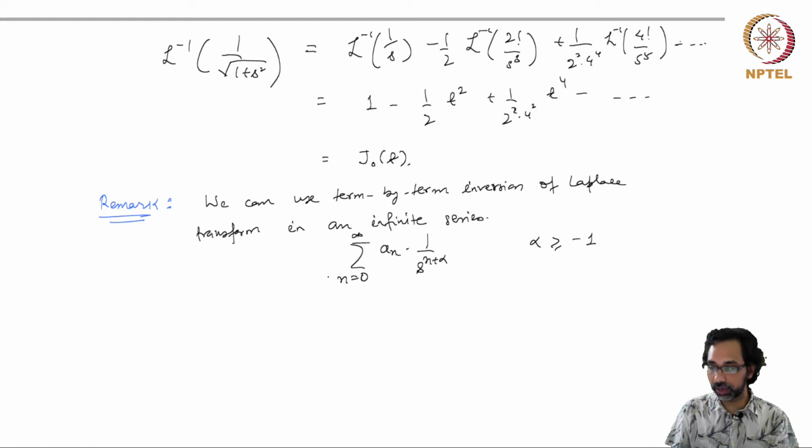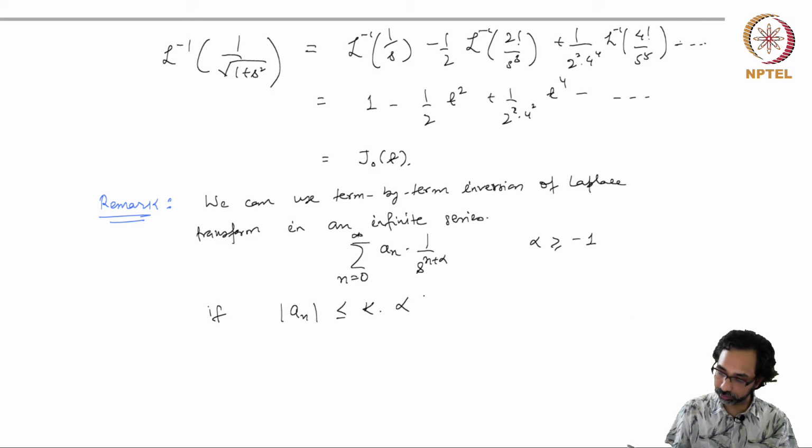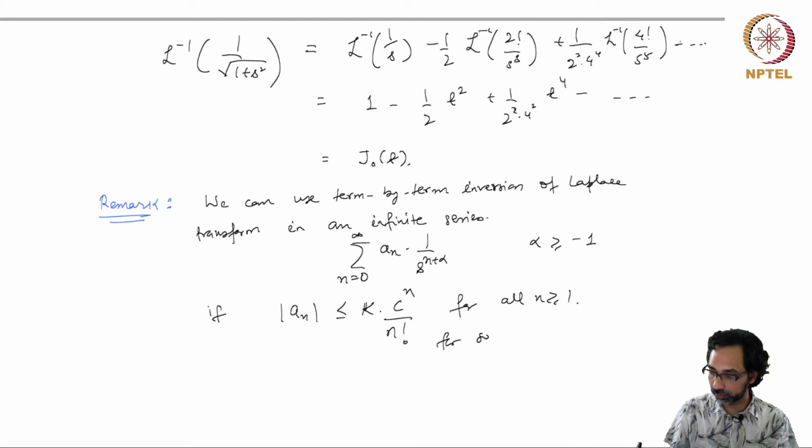So we can use term by term inversion of this kind of infinite series if the modulus of a_n is less than or equal to k times c to the power n over n factorial for all n greater than or equal to 1, for some positive constants k and c.